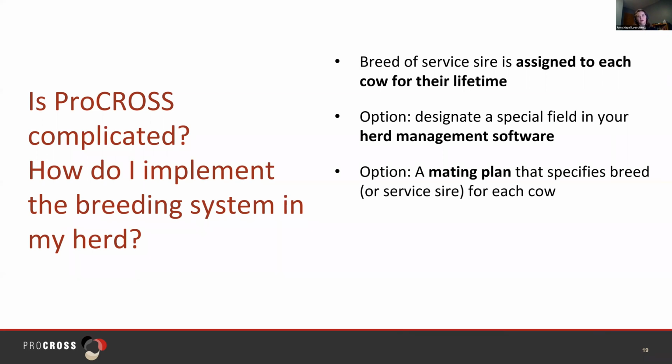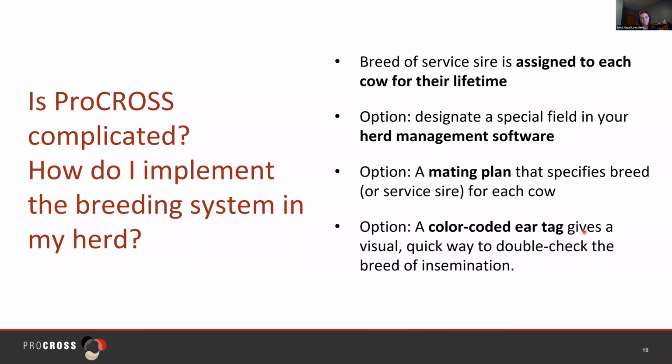Other herds will opt to use a mating plan. There's a lot of different companies out there that offer a mating service, and most of those mating services can accommodate that. We sure can in ProCROSS too in all of our markets. So again, same service sire for that cow for the rest of her lifetime, and it's marked in the mating plan.